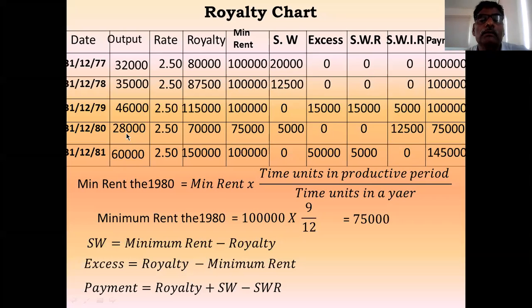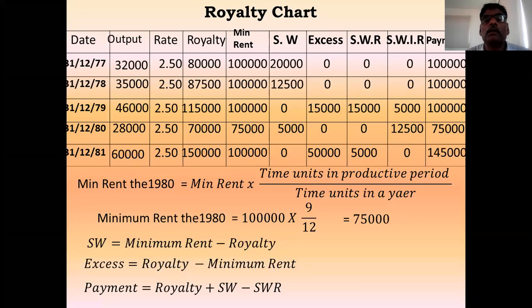Fourth year journal entry. You write 3 entries. In the SW column is 5,000. This comes in the first entry. First entry 5,000 and last entry 12,500. Okay. And in the last year, 3 entries, and join this 5,000 in the second column. Okay.